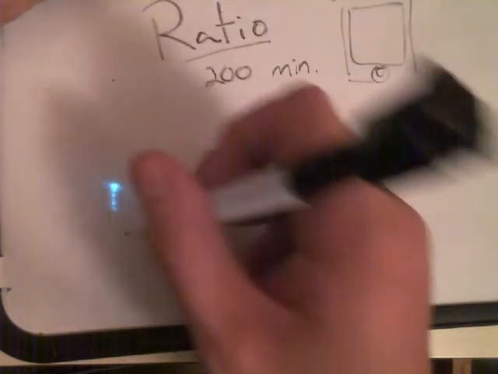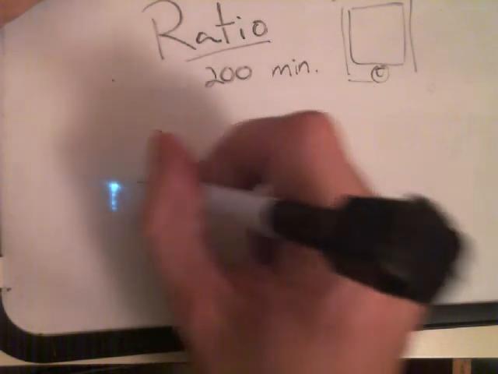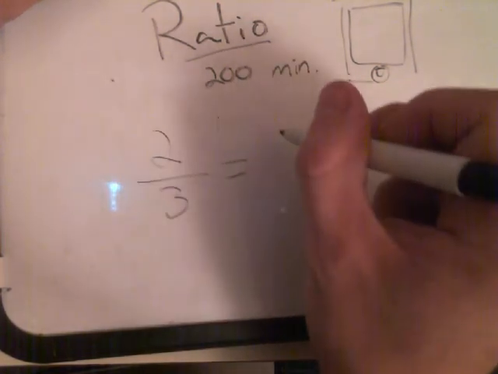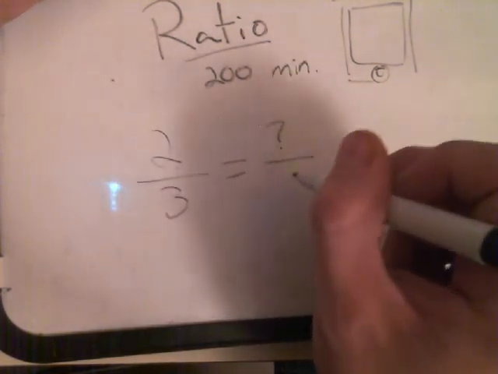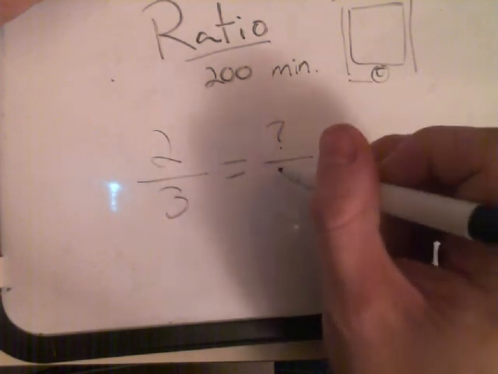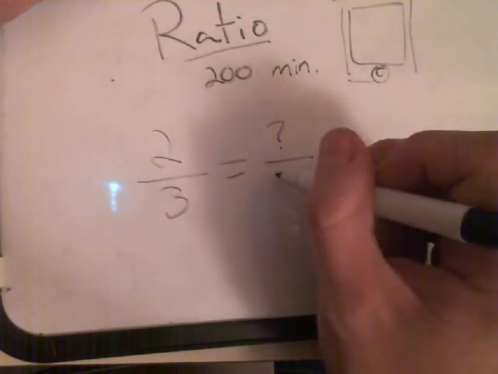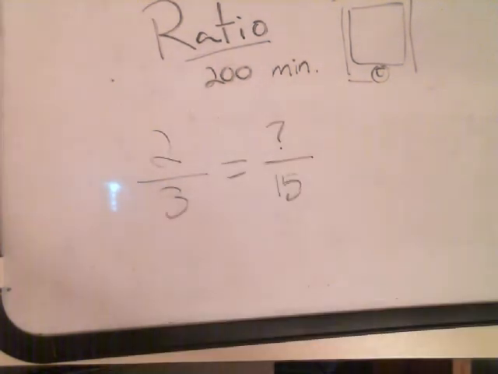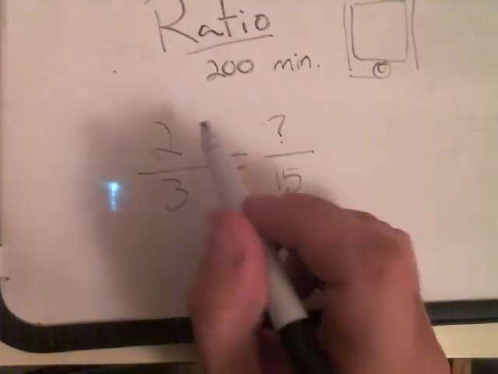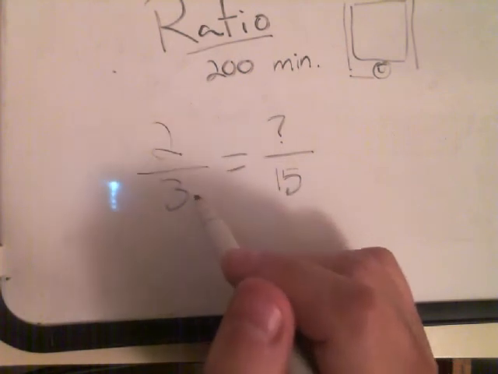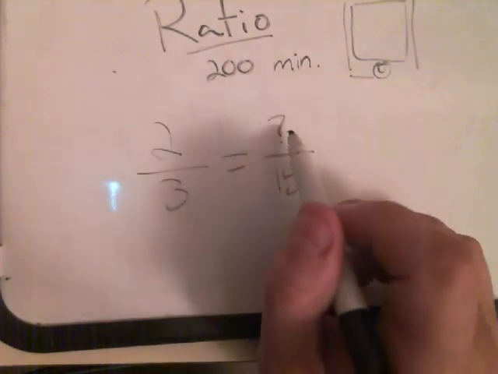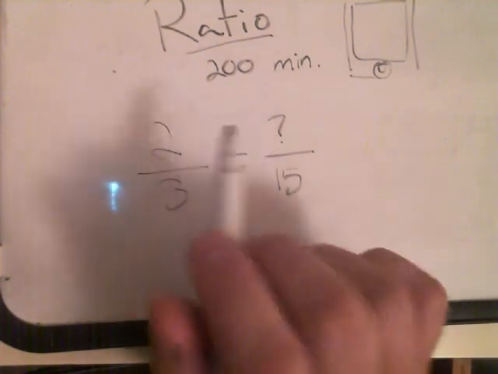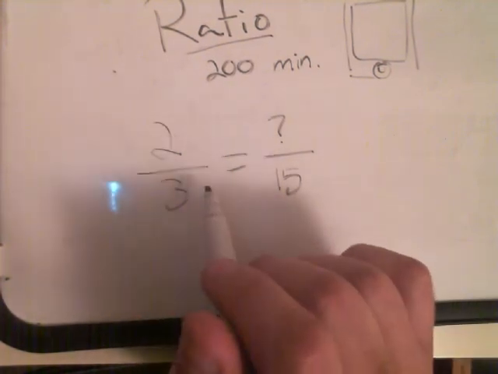Now what if I had something like this? Yeah? So let's think a little bit about this. Here we have a ratio of 2 over 3, or 2 to 3, and we're trying to find what number is going to have the same relationship to 15 as 2 has to 3.